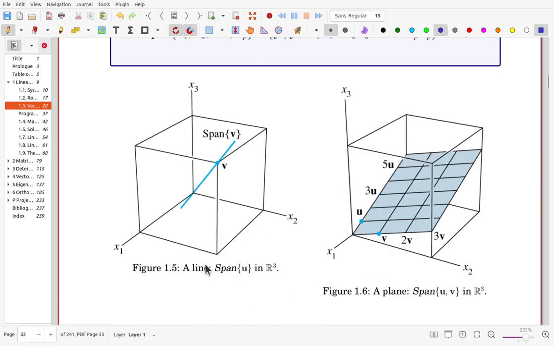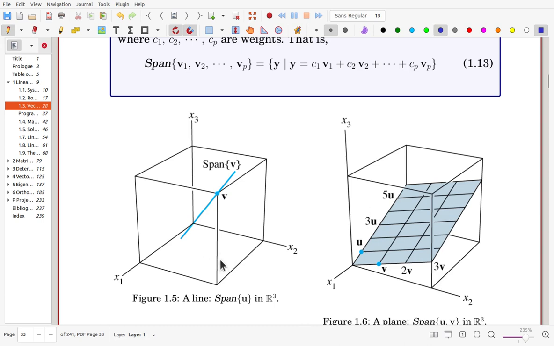Look at this figure. Now we consider one vector, v, which is here. The span of v is the collection of c v, where c is a scalar, so all possible c can be considered.